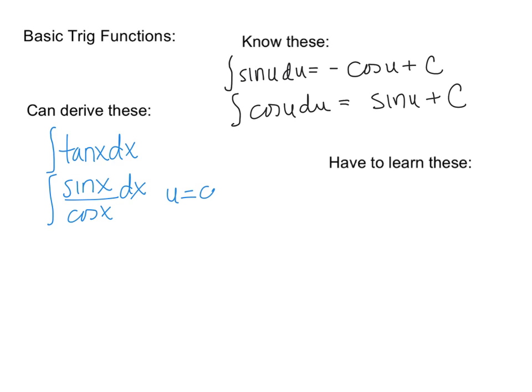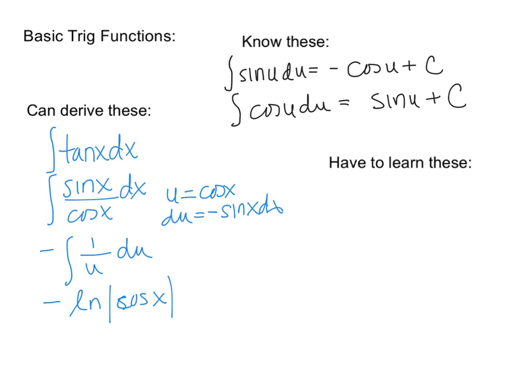Letting u be cosine x, du would be negative sine x dx, which we have in the numerator except for the negative. So with u substitution, this would be negative 1 over u du. That would get me negative the natural log of the absolute value of cosine x, plus c, which is the formula. But if you can't memorize the formula, you could derive it that way.